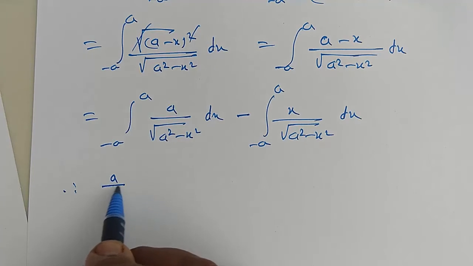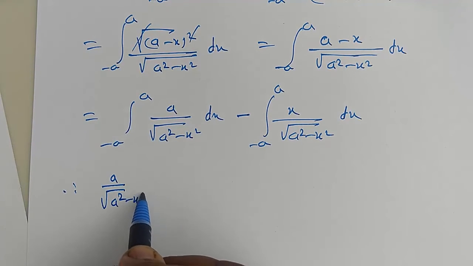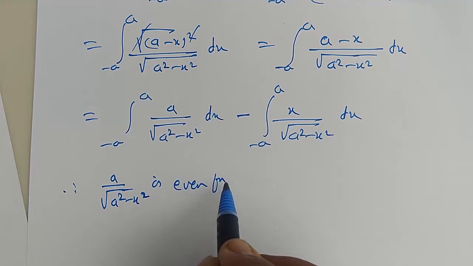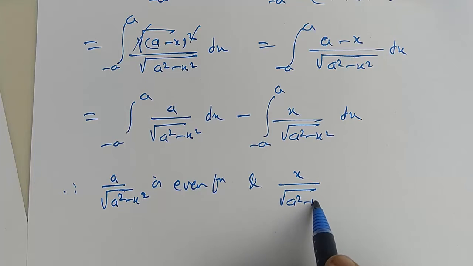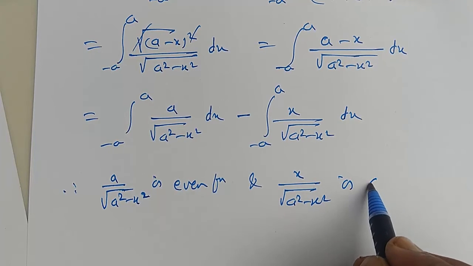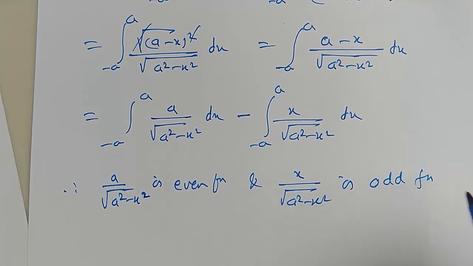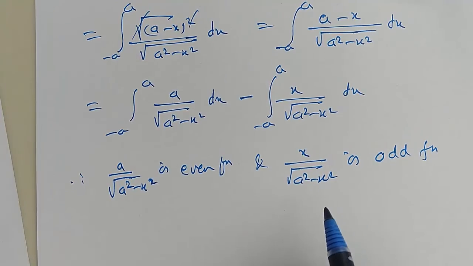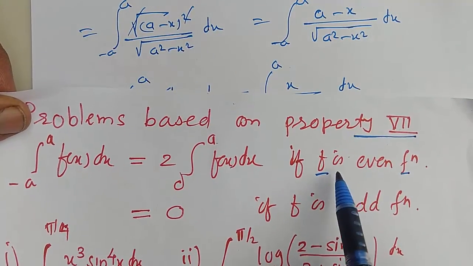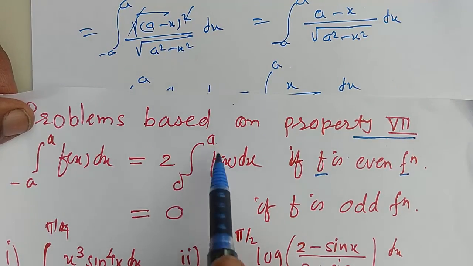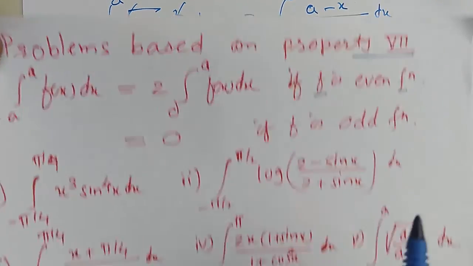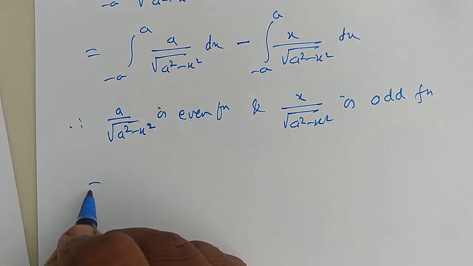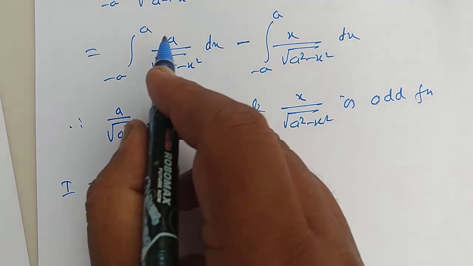Therefore a upon under root of a square minus x square is even, and x upon under root of a square minus x square is odd, and therefore by property 7, if f is even, then it is 2 times the integral from 0 to a of f of x dx. If f is an odd function, then it is 0.